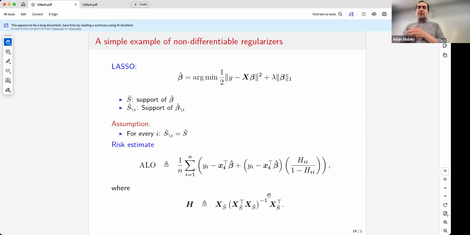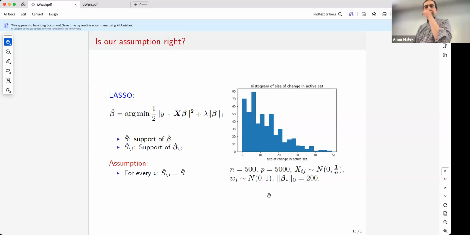And the answer, unfortunately, is no. So this is a simulation that we did that was a little bit surprising. We are doing lasso, and this is the histogram of the number of changes in the support. So what does it mean? Let's say we did all the leave one out problems here. How many of them are there? 500 leave one out problems.